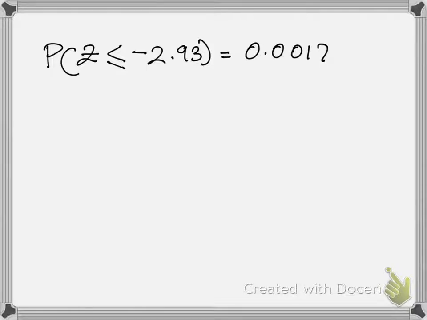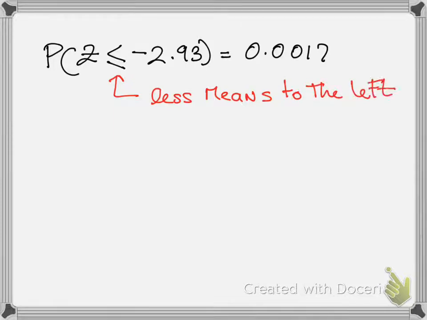Okay, so again, guys, be careful here. When z is less than negative 2.93, less means to the left. It's to the left of negative 2.93.